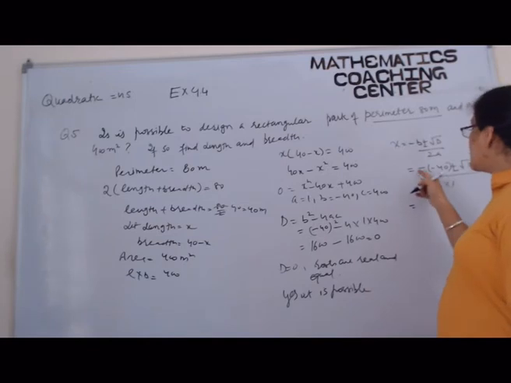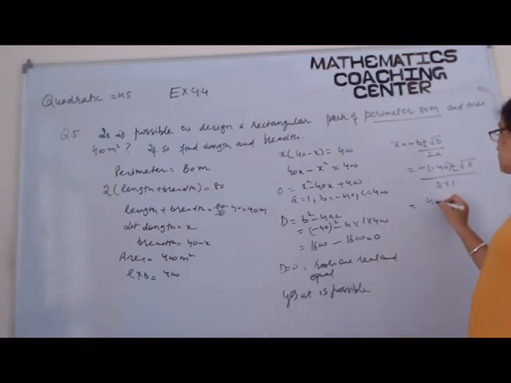So minus minus plus, this is now 40 plus minus 0 over 2. So you get 40 by 2 and 40 by 2. Because D is equal to 0, roots are equal. So x is equal to 20 and 20.